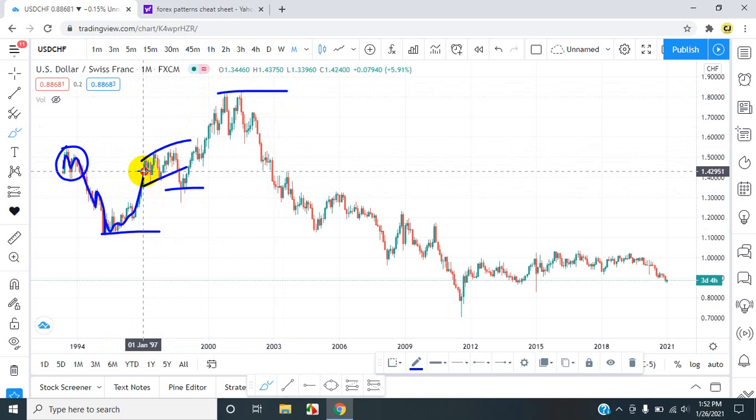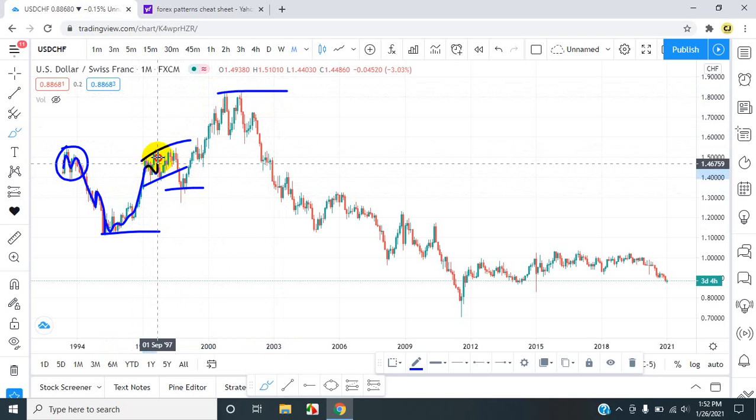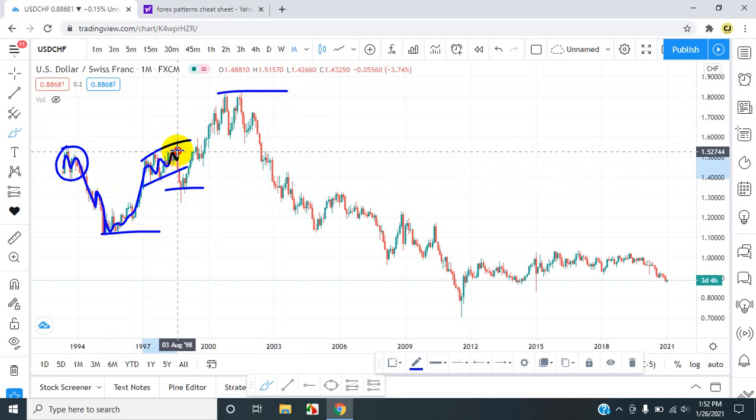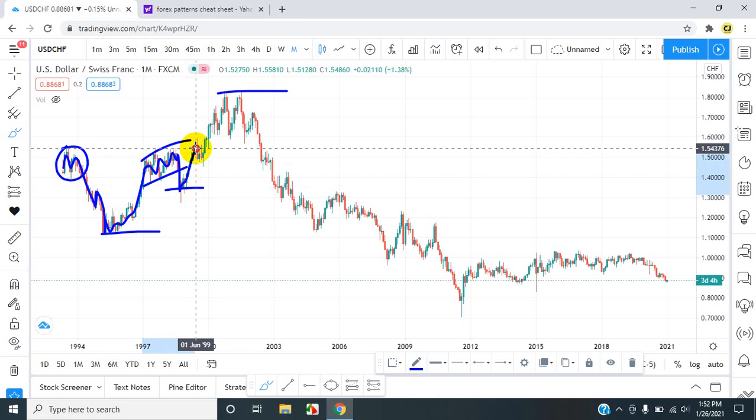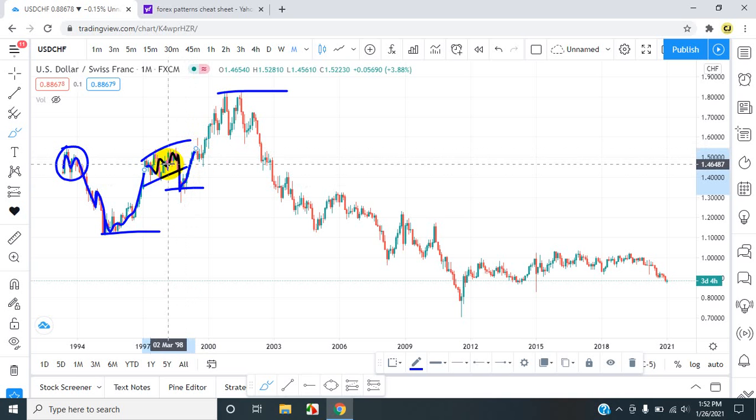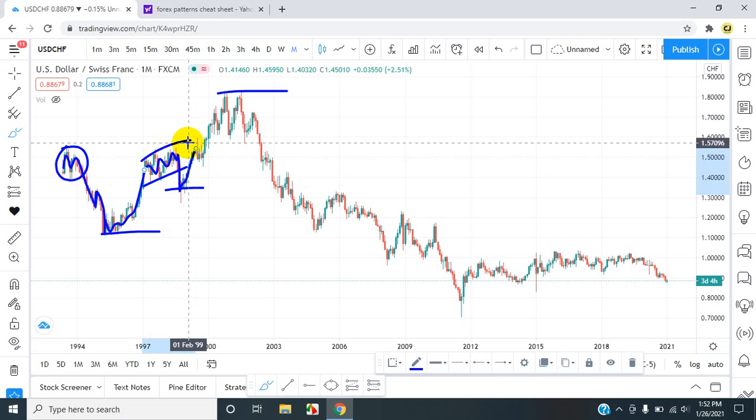So then the market bounced around in this wedge pattern, broke out, came down, created a W, and shot up in this area here, so it returned back into previous areas of support and resistance, which is between this range, as we can see.